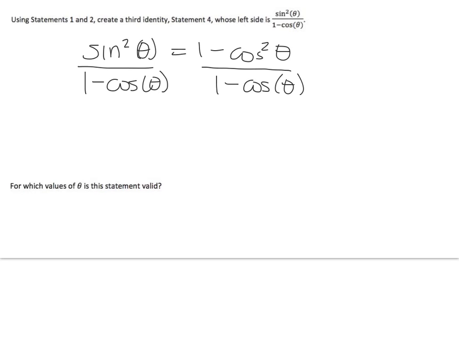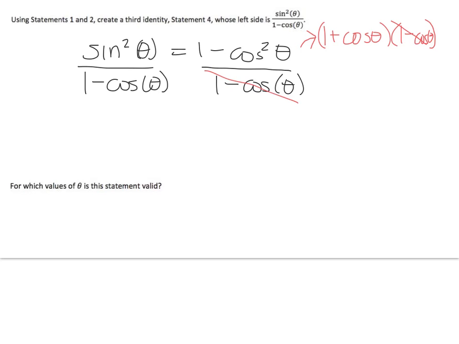Now I'll show you really quick. Here I have the difference of two squares. 1 plus cosine theta, 1 minus cosine theta. This is going to be some of the tricks you're going to have to use to prove these identities. So I can factor the numerator, and then I can simplify.